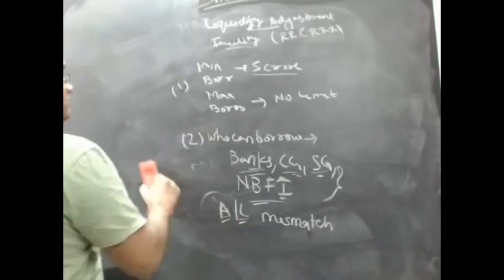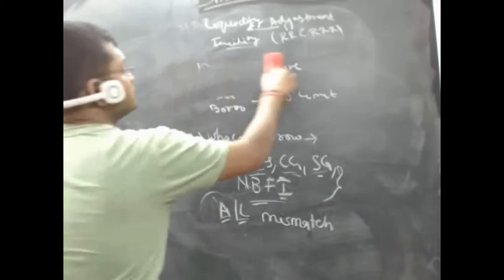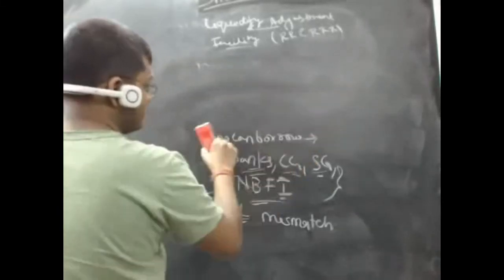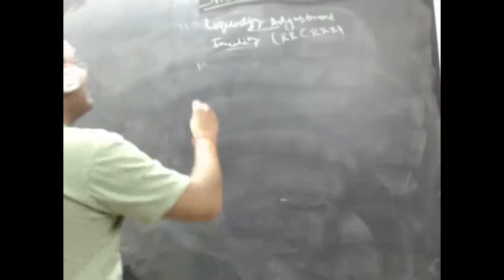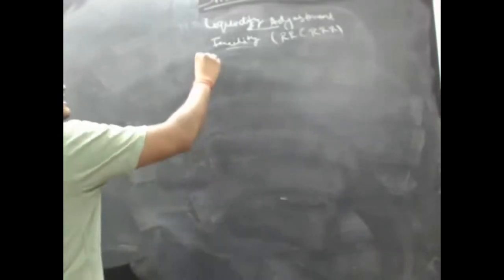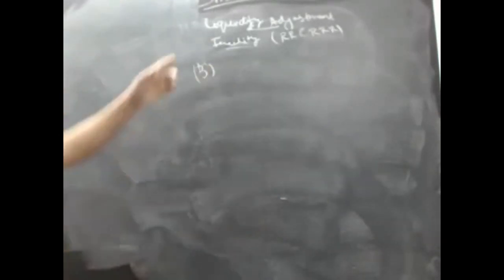Now the third thing. The third thing is very significant from the understanding point of view. Usually students get confused by reading it. Is there any maximum limit on borrowing in LAF?